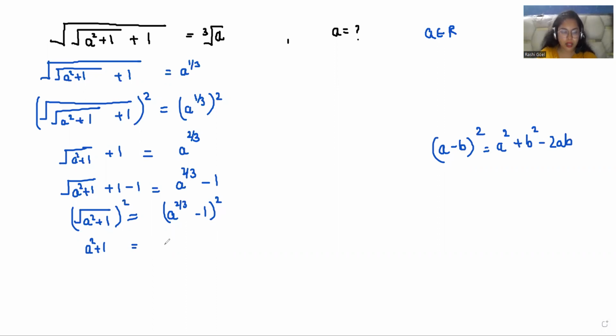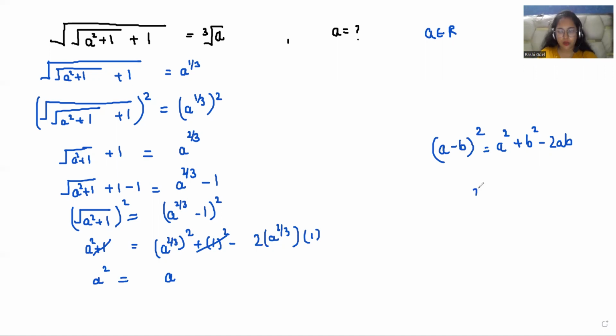So I can write it as (a power 2 by 3) whole square plus 1 square minus 2 times a power 2 by 3. So this plus 1 and this 1 square are eliminated. So a square is equal to a.